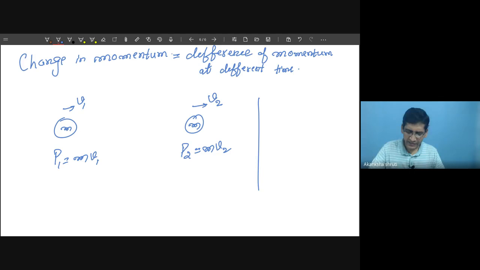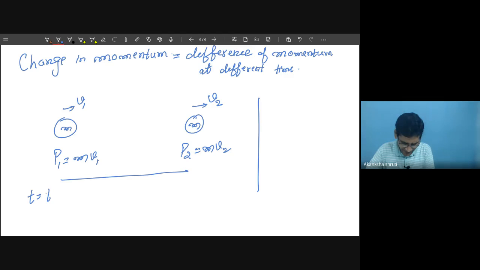Okay, it is also possible that if you denote v1 by u, then it will be mu, and v2 by v, then mv. That denotation we have done earlier. So while changing from this to this momentum, initially this p1 is at a certain time.